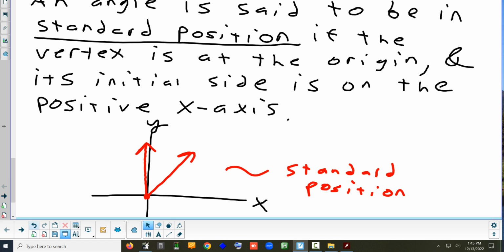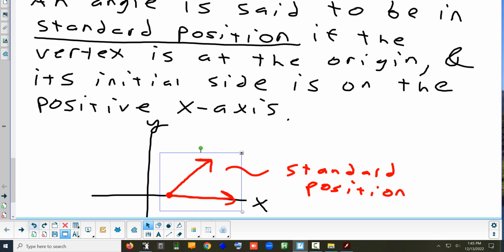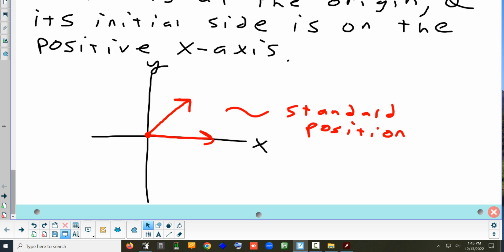Right, where the initial side is supposed to be? It's supposed to be on the positive x-axis, and it's not. Okay, it's pointing up at an angle. The vertex is at the origin, so that's good. But we don't have the initial side where it needs to be. So standard position looks just like that. Any questions on that?